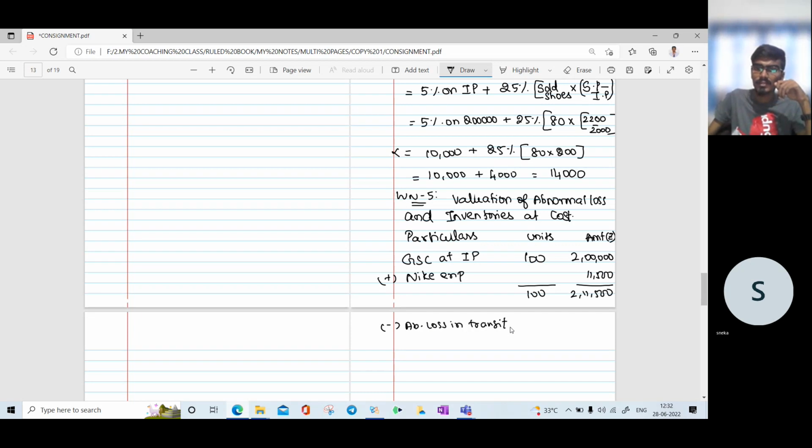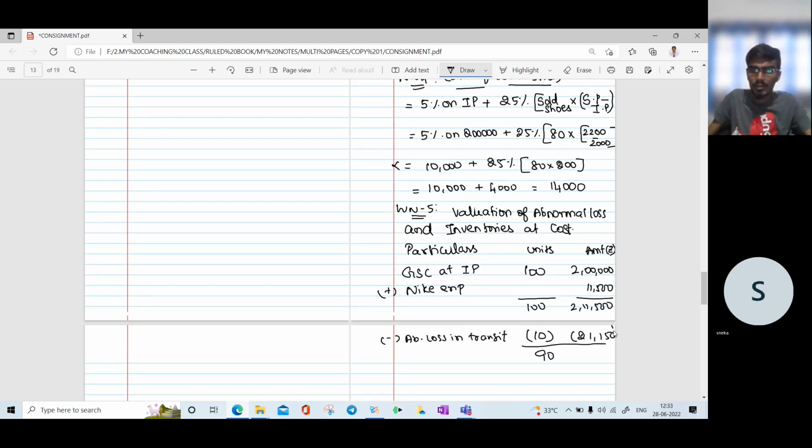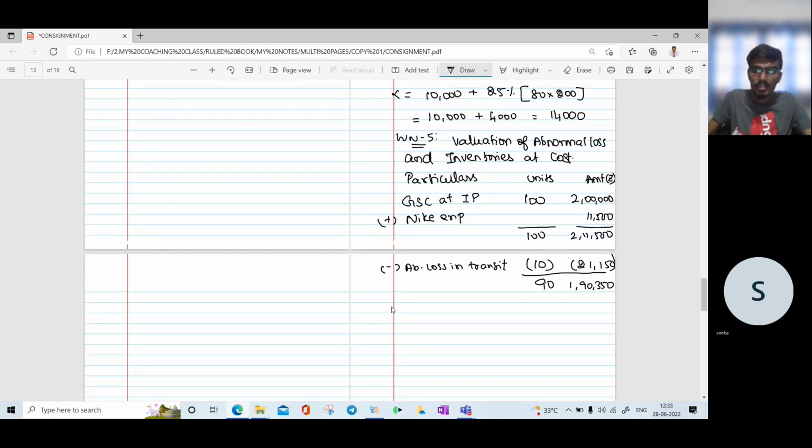How many units? 10 shoes. 2 lakh 11,500 into 10 divided by 100, you will end up with 21,150. 2 lakh 11,500 minus 21,150, you will get 1,90,350.